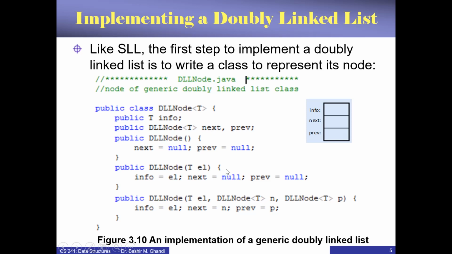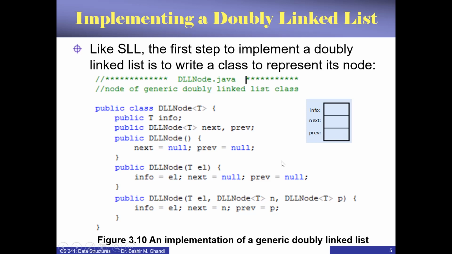There is no method at all inside the class, just like the singly linked list node. At this point, if you wish, you can try to create a doubly linked list using only the DLL node class, as we did for the singly linked list node. But really there is no need, because we know it is not going to be practical anyway.